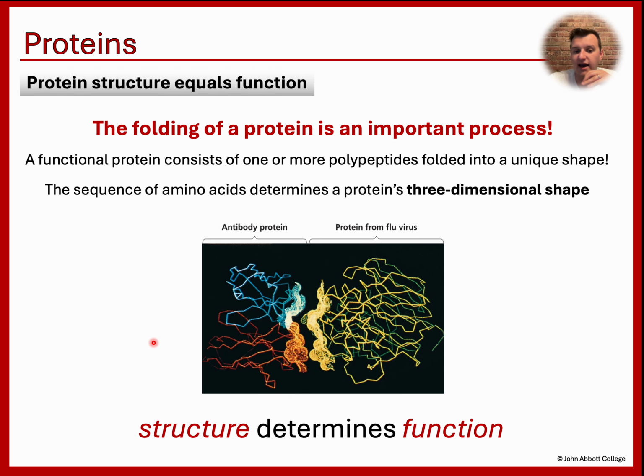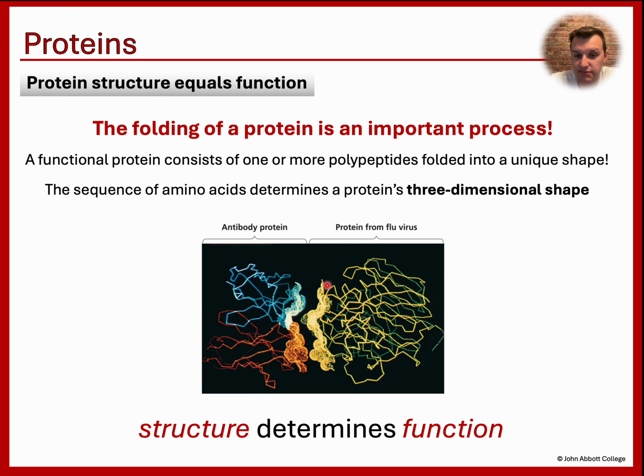So it's important to have the correct amino acid sequence if you're building a protein that'll do this job, right? So for example, this is an antibody protein that has a certain shape. This antibody was made and has this shape to destroy the protein from the flu virus. This is the flu virus. Do you see its shape, right?